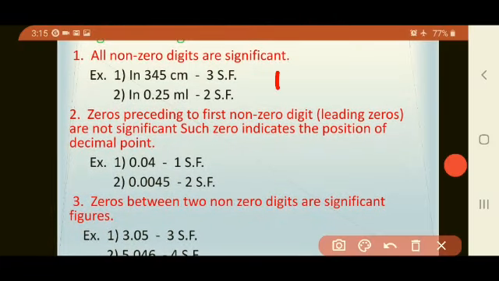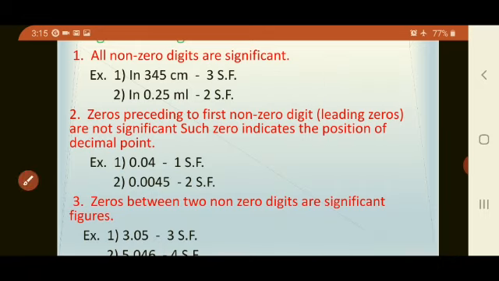From 1 to 9 are called as digits, whereas 0 is considered as 0. Now, all non-zero digits are significant, means from 1 to 9, any digit if it is present in the given number, it is significant.